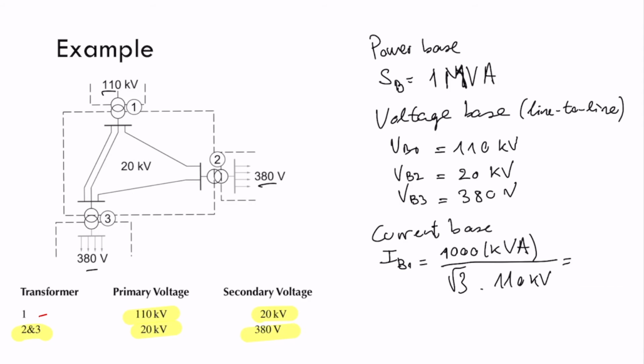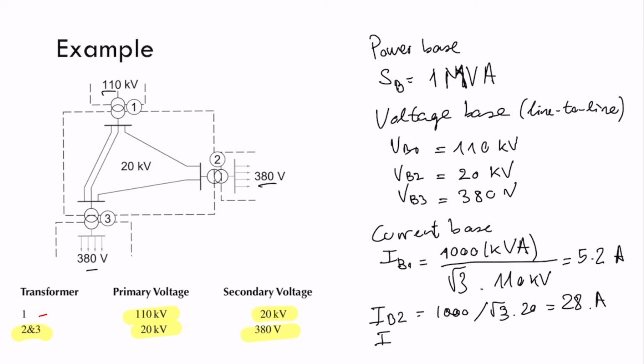This is equal to 5.2 amperes. Similarly, the current in 2 is equal to 1000 divided by the square root of 3 times 20. This is equal to 28.8.